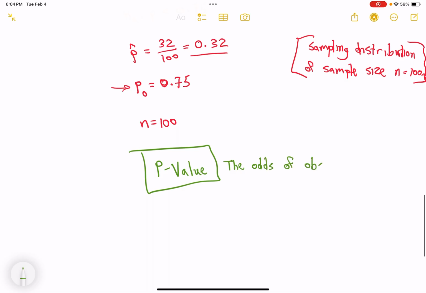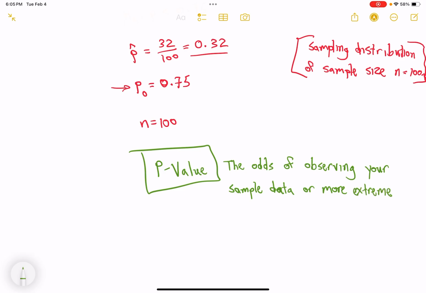of observing your p-hat or sample data. Actually, to be more open-minded to also our means that we'll be doing soon, the odds of observing your sample data or more extreme. And when I say more extreme, hopefully you're filling in the gaps with me.